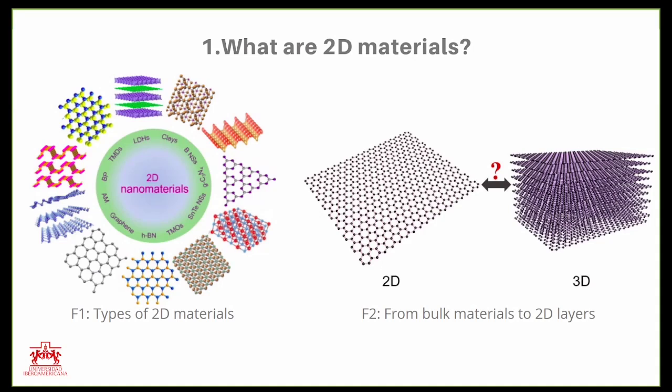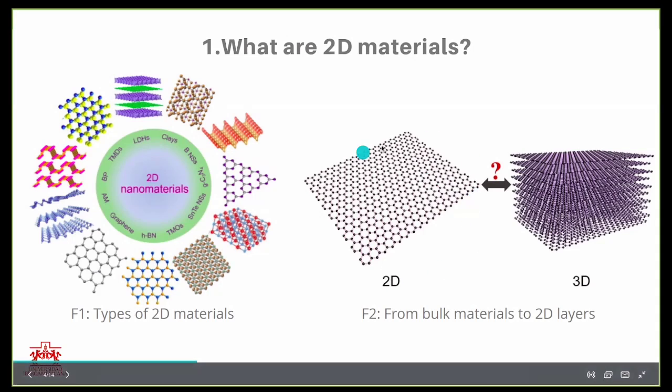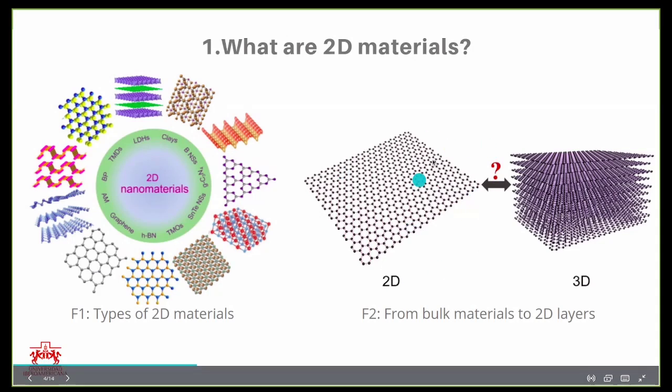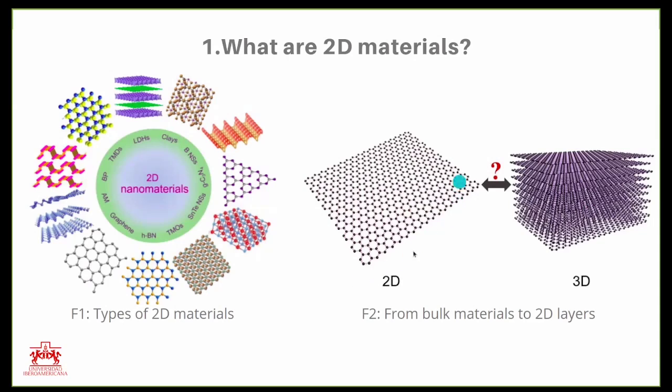But again, what are 2D materials? 2D materials are crystalline structures composed of one or a few sheets of atomic thickness and large areas. You can see here in this figure. And also, we can find these structures that are 3-dimensional structures.